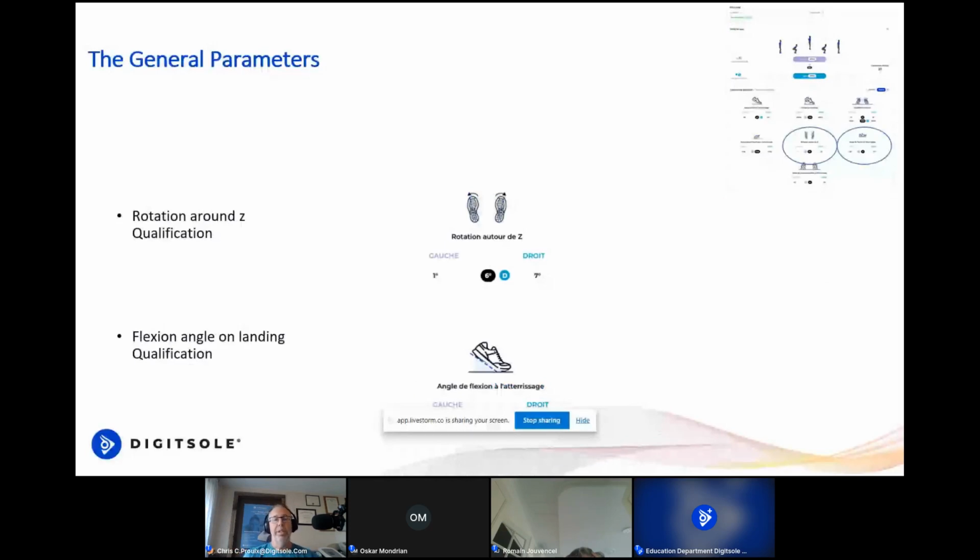Rotation around the Z-axis. So some people are familiar with the Fick angle. So this is the degree of external or internal rotation, which takes place between the ankle, the knee, and the hip, which part of that is due to anatomical features, but also due to motor control strategies. This is really great because it tells us the amount of deviation.